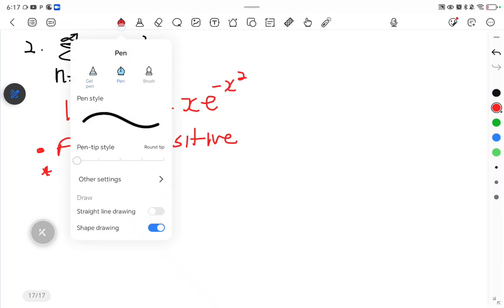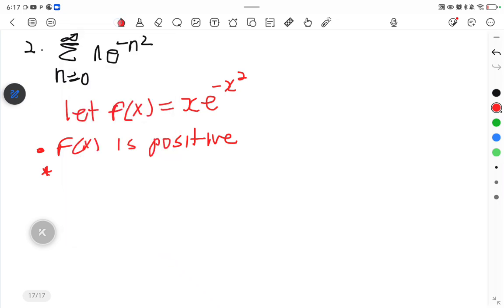So this will always remain positive. And if we plug in more and more x values, this will be decreasing. Then f of x is a decreasing function. Thirdly, I need to check if this is continuous.